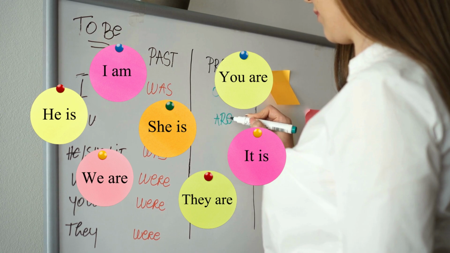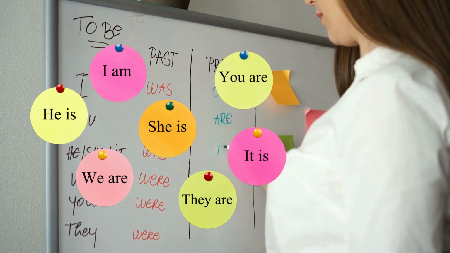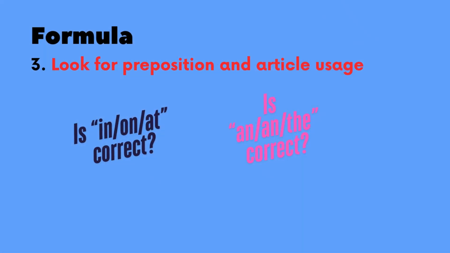So as you're reading the sentences, something has to match based on your already known rules of grammar. And then thirdly, you look for preposition and article usage. So make sure that prepositions such as in, on, at are in their correct order, as well as the articles such as a and the are where they are needed or where they're supposed to be.